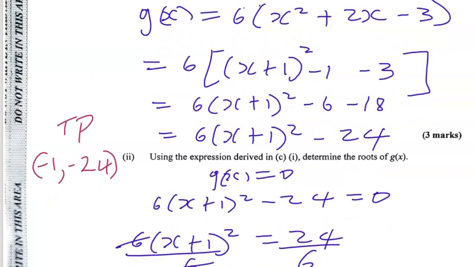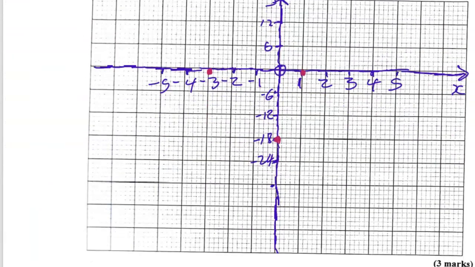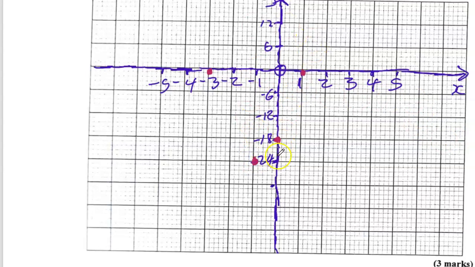So the turning point would have been minus 1 and negative 24. So these are the points the graph runs through. So it would look something like that. So that would be the graph of our quadratic.